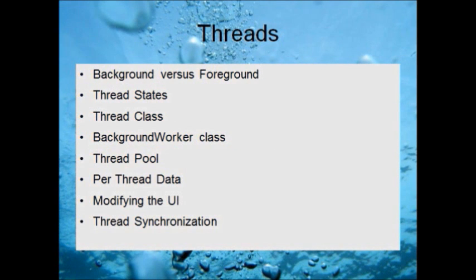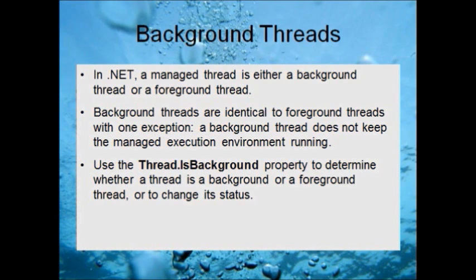Under .NET threads we have background versus foreground, thread states, the Thread class, the BackgroundWorker class, the thread pool with thread data, modifying the UI, and thread synchronization. Background threads: in .NET, a managed thread is either a background thread or a foreground thread.